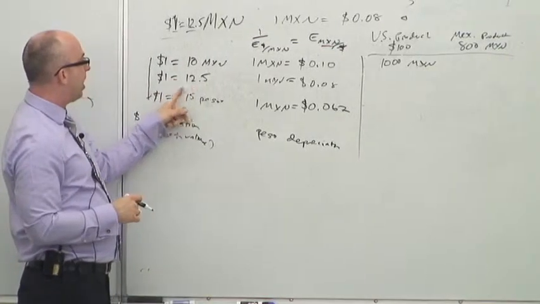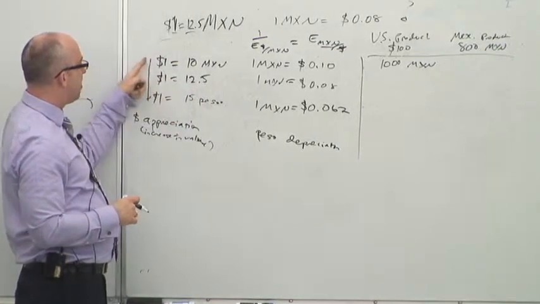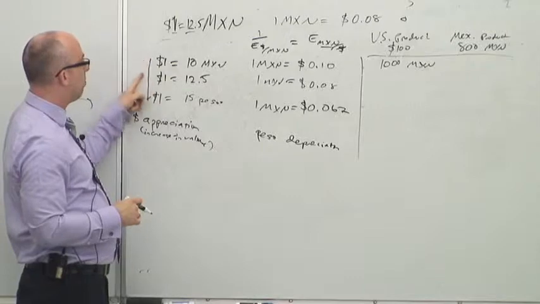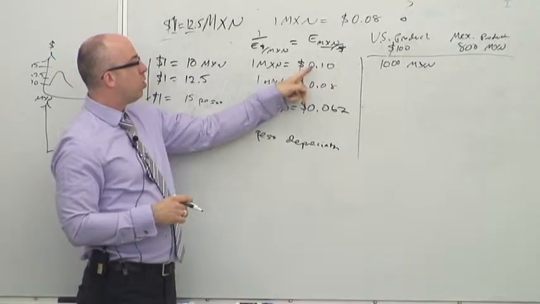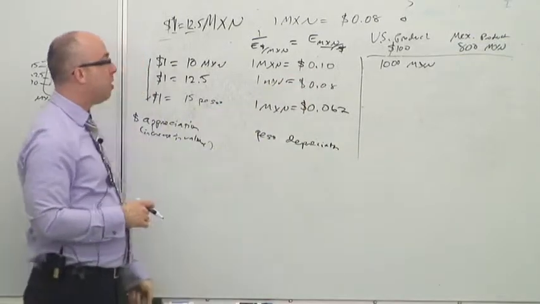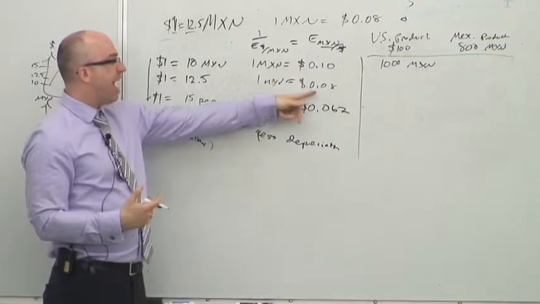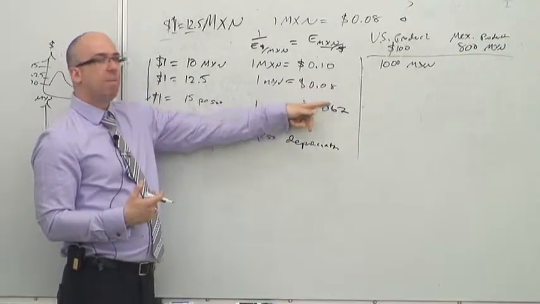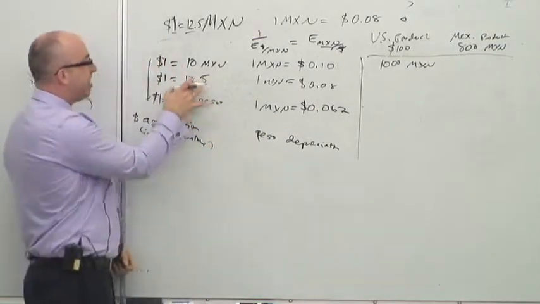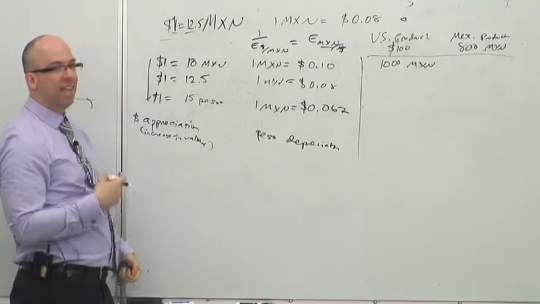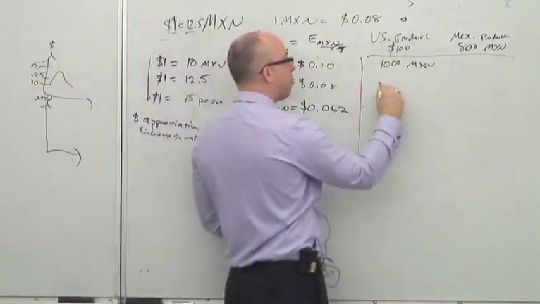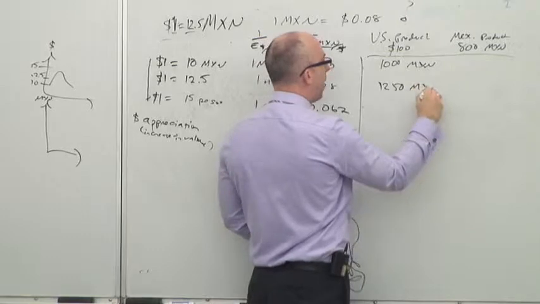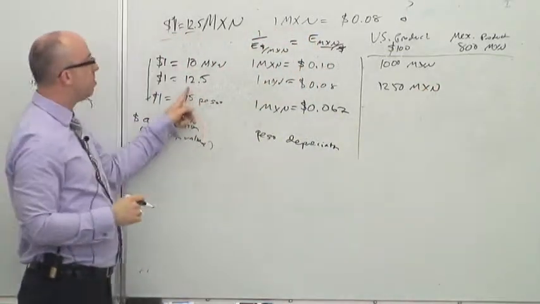If we keep going, now we would see that as the dollar's worth more, each peso is worth less. If you go from here to here, you can say, well, I've got all these pesos. They're not buying as many dollars. Therefore, I need more pesos to get the same number of dollars. And so the price here is $12.50. I just used this exchange rate.